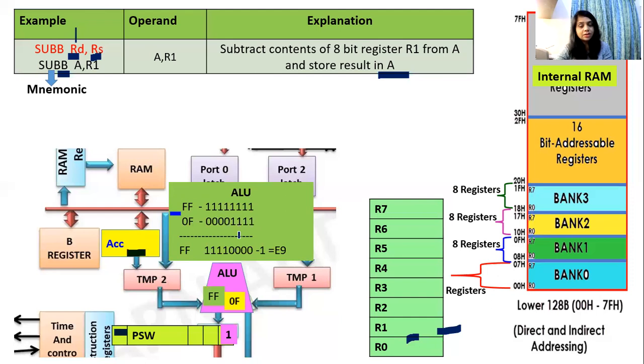So what is it? It is F0 actually, not FF, because 1 minus 1 is 0, 1 minus 1 is 0, 1 minus 0 is 1. So it is F0. F0 minus 1, subtract with borrow. Subtract whatever is there in the carry flag. Carry flag is 1. So result minus this carry flag. So F0 minus 1 is E9. So result is E9, and E9 will enter into accumulator.